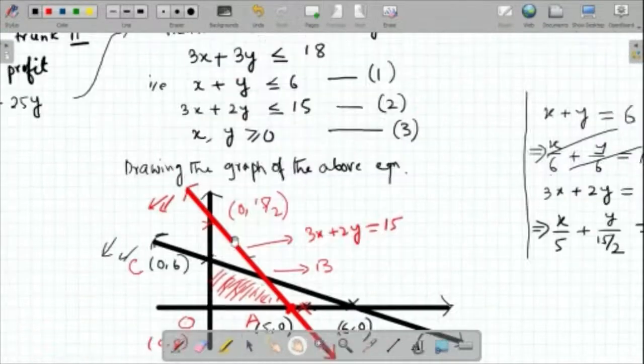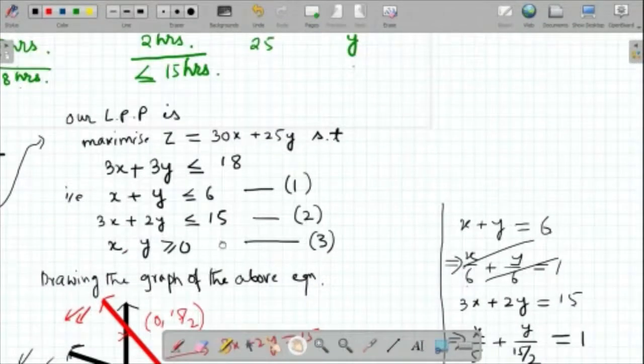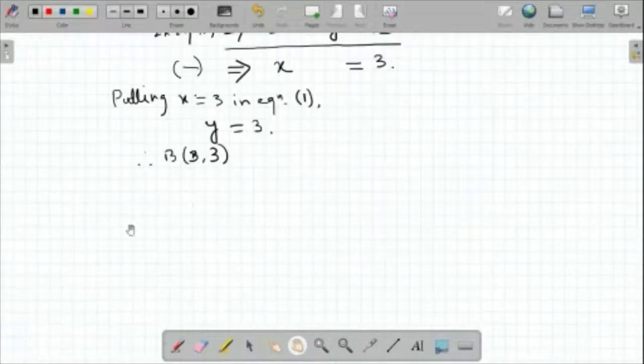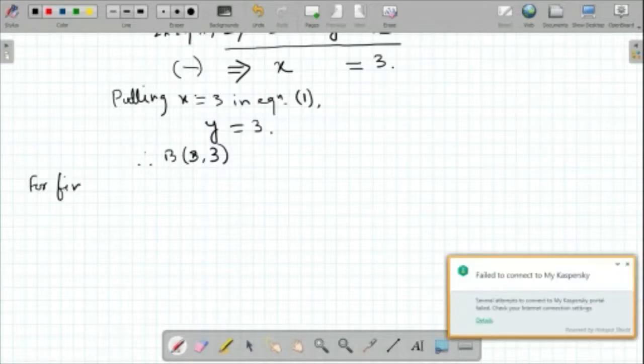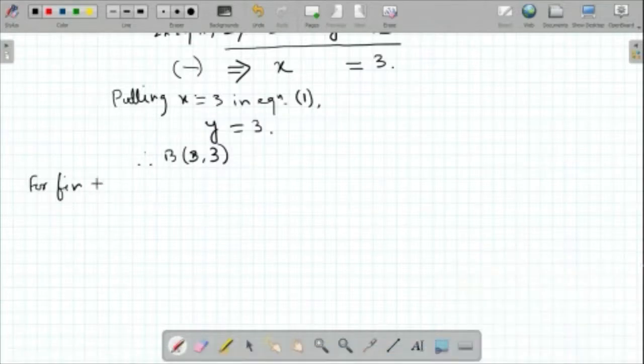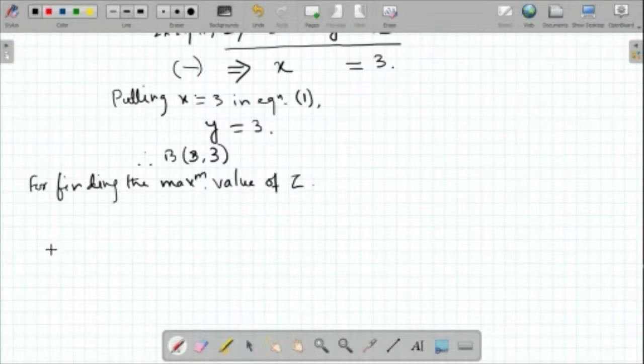Okay, and what was our z? Our z was 30x plus 25y. Write down, for finding the maximum value of z, we check the corner points. First at 0 comma 0, what is the value of z?